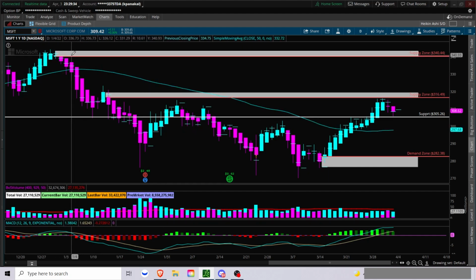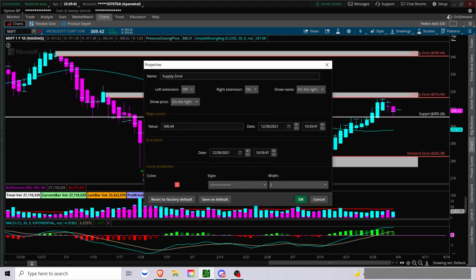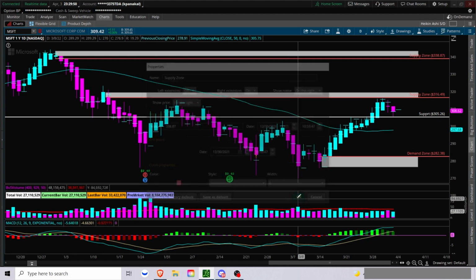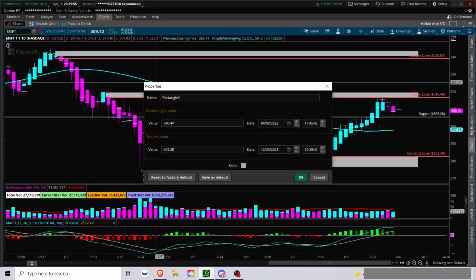So actually, Krish, nice job on seeing that. Let's edit the supply zone to 338. I think it was 87. Let me change that for the rectangle as well. You made me proud, Krish.